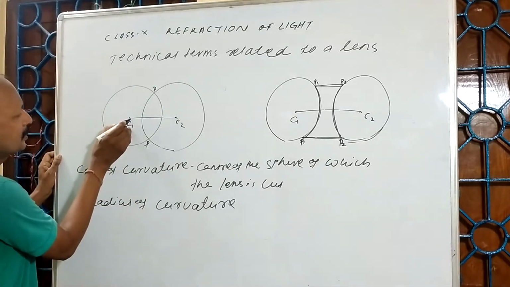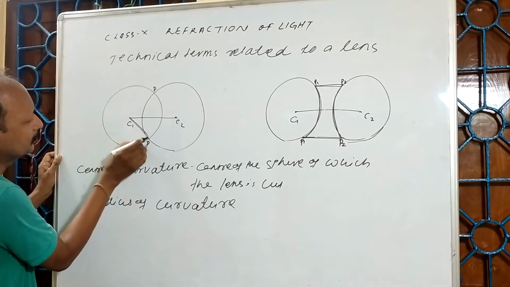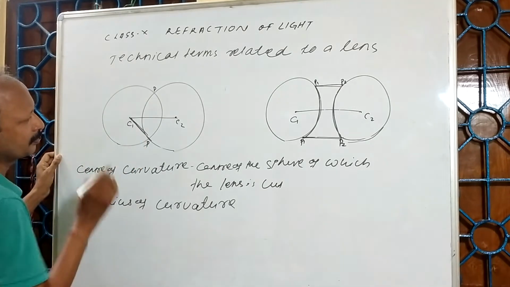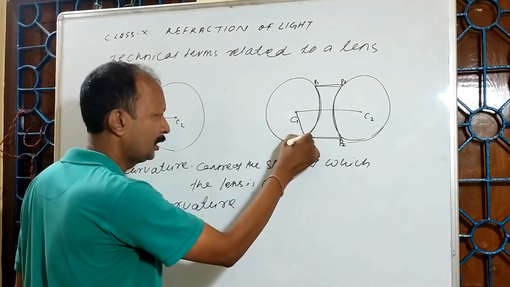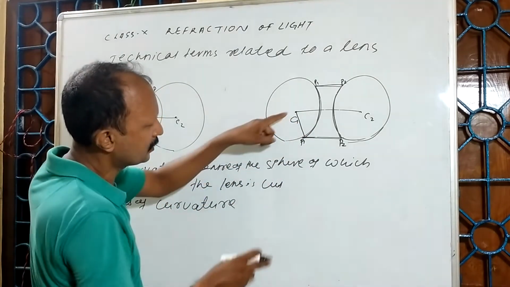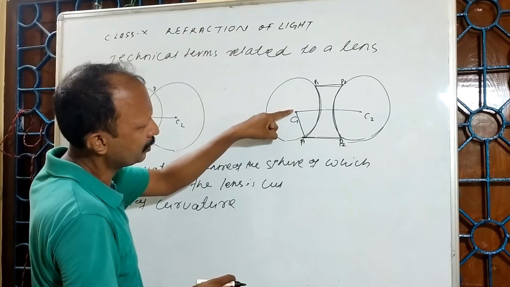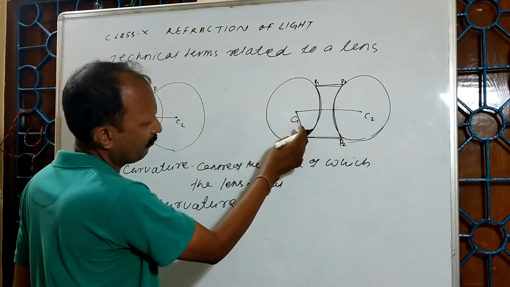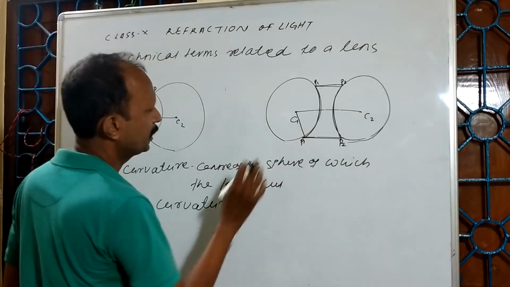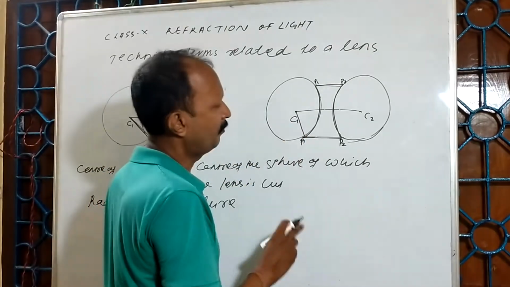So I can say this is the radius of curvature. This is the radius of curvature. Distance from the center of the sphere to any point on this curved surface. Okay, so that is the radius of curvature.